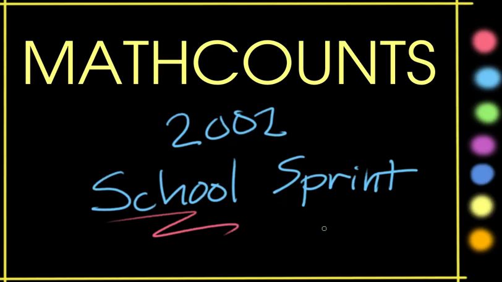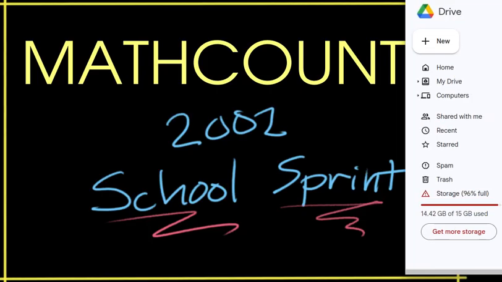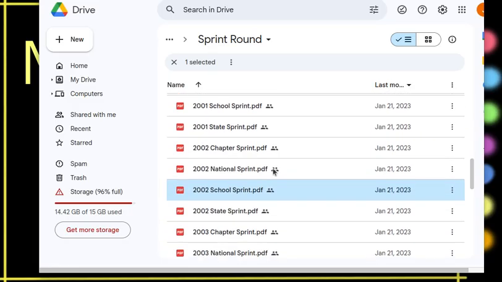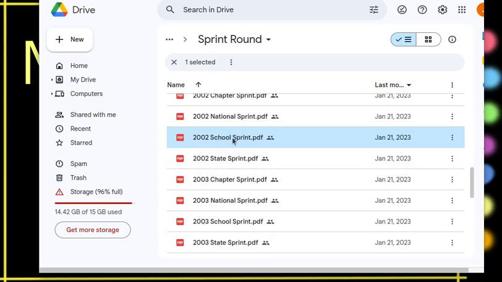Today, I thought it would be a good idea, since our school competition is coming up, to go through a school sprint round test. Let me start by pointing you to the test that we're going to be looking at. If you go to the Google Drive and into sprint round, you should be able to search down until you get to the 2002 school sprint round.